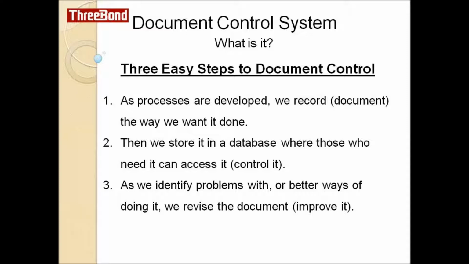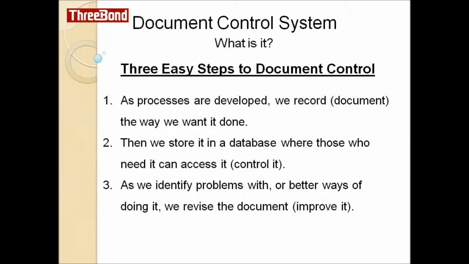Once we've recorded how we want it done, we store it, in our case in a database, where those who need it can access it, and only the latest version. Controlling it, in other words. 3. As we identify problems with or better ways of doing whatever it is that we've documented, we revise that document and replace the current one with the new one.